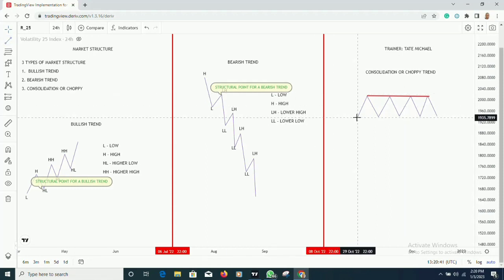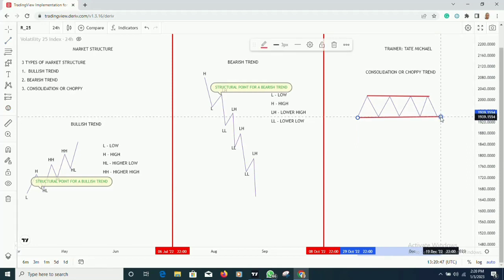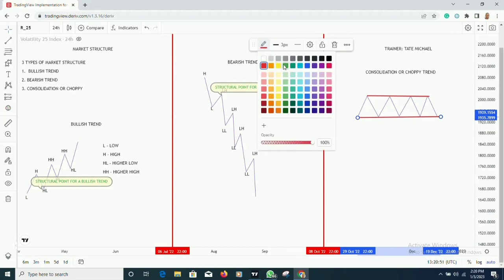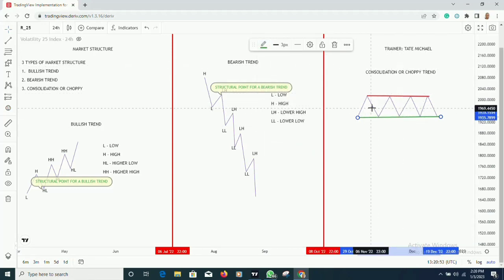And change it from red to green. So when the market is moving this way, we say it's a consolidation trend or choppy market.